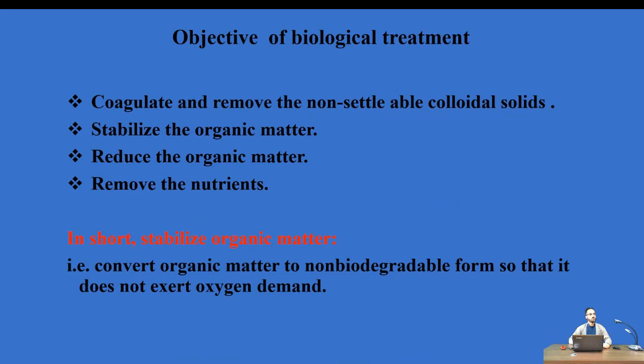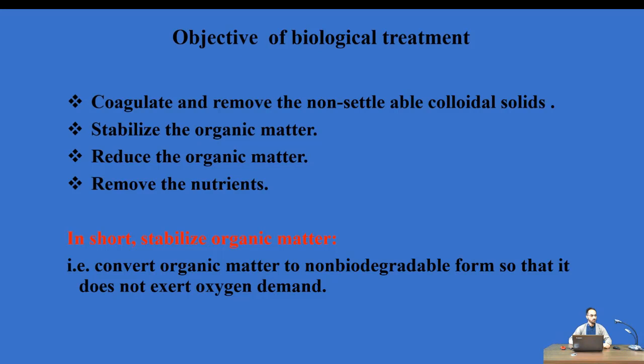Objective of biological treatments. The objective of biological treatment is to coagulate and remove the non-settleable colloidal solids. This is the main objective of biological treatment. Also to stabilize the organic matter, reduce the organic matter, and remove the nutrients.